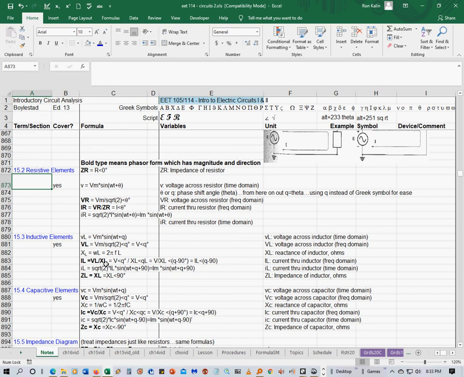X sub L is a form of impedance, which is called, when it's purely inductive or capacitive, reactance, okay? And this is the reactance of the inductor in ohms.